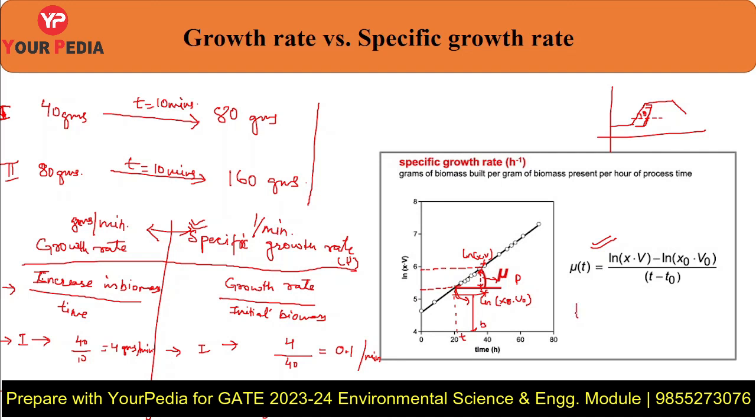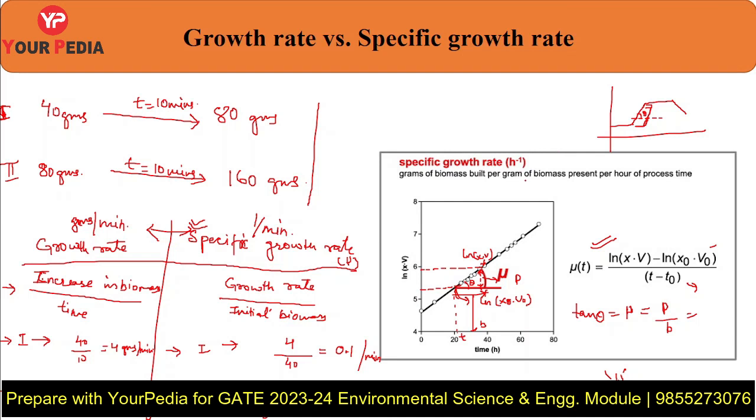So as we know, tan theta is equal to mu, our specific growth rate, which is perpendicular upon base, which is this term upon this term. That is how we get our specific growth rate from the slope of the exponential portion of the growth curve.